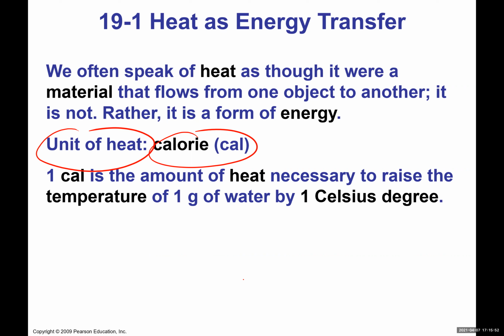So you buy anything in the US, the energy it contains is given in calories. You buy a chocolate bar, and the chocolate bar has let's say 300 calories. That means if you eat the chocolate bar, the food itself can give you 300 calories equivalent of energy.